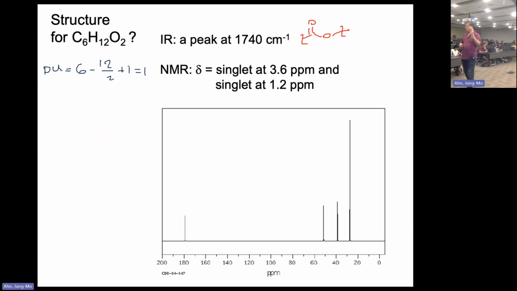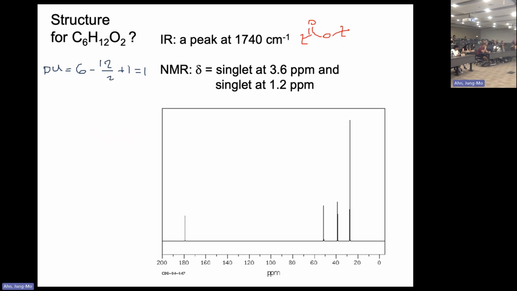Otherwise, it wouldn't come at 3.6. But that's a singlet. Singlet means there are no adjacent hydrogens. But the next part is striking, because we also have a singlet at 1.2. We have 2 different groups of hydrogen. Even though we have 12 hydrogens, it's only 2 groups.